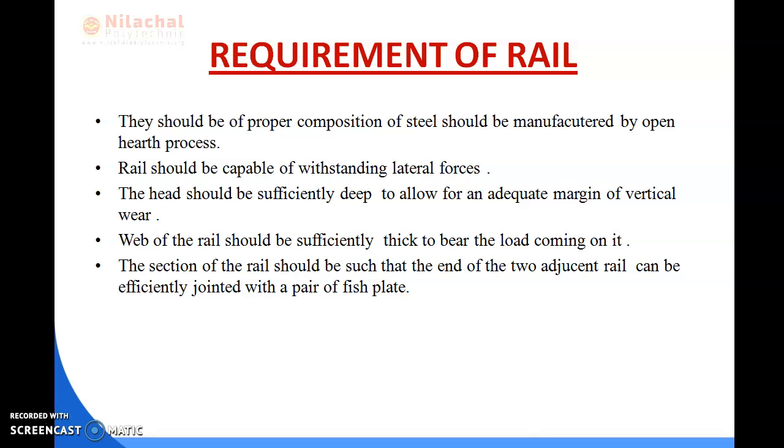And the section of the rail should be such that the load of each wheel is transferred to the sleeper, and the section of the rail should be able to withstand lateral forces caused by the fast moving train. And the next one is that the bottom of the head and the top of the foot should be given such a shape that fish plates can be easily fitted.